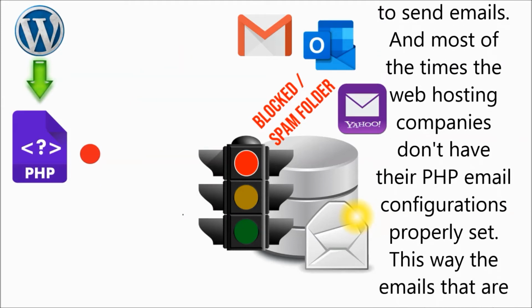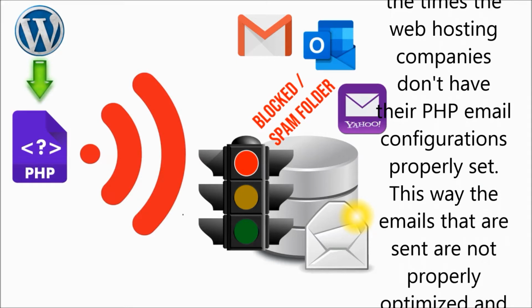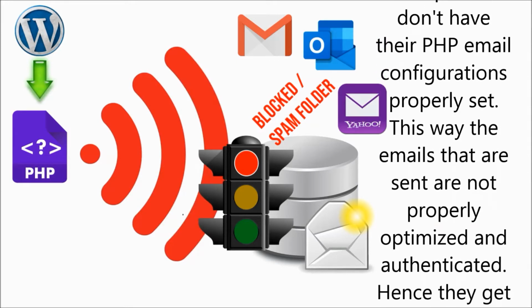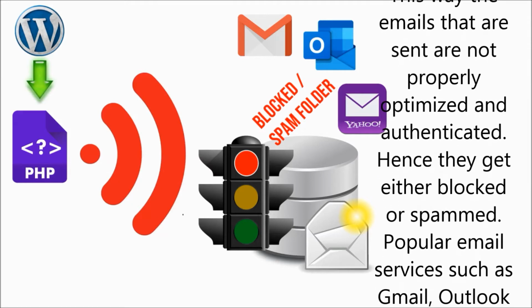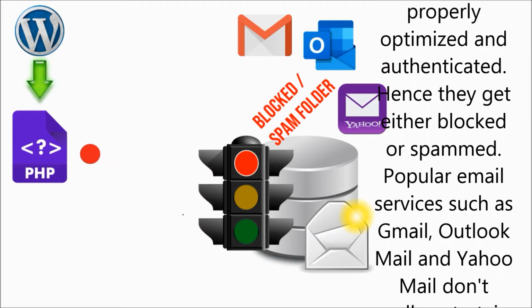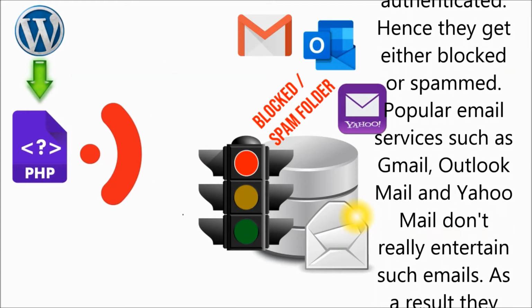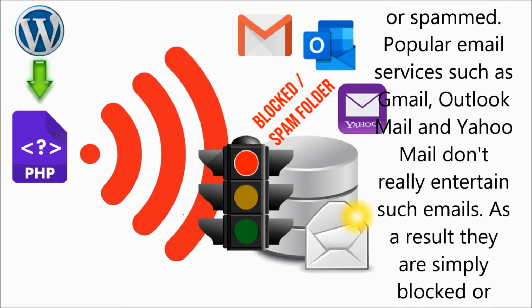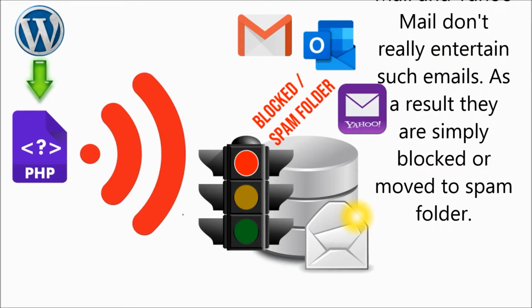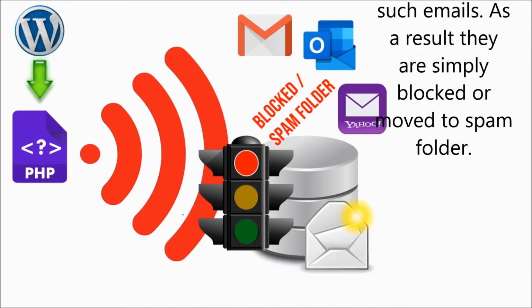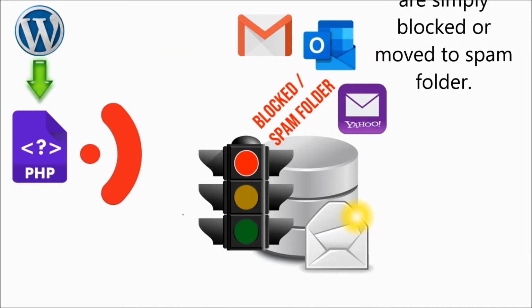This way, the emails that are sent are not properly optimized and authenticated. Hence, they get either blocked or spammed. Popular email services such as Gmail, Outlook Mail, and Yahoo Mail don't really entertain such emails. As a result, they are simply blocked or moved to the spam folder.